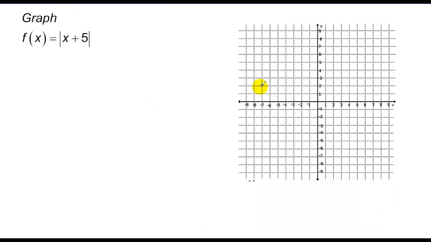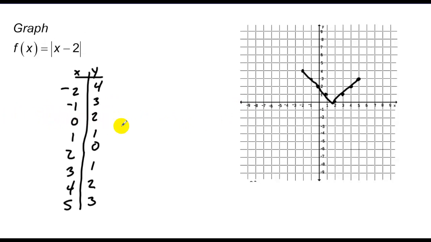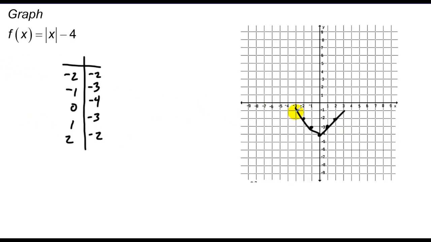Here I have negative 5, 0, over 1, up 1, over 2, up 2, and on the other side over 1, up 1, over 2, up 2. There's that check mark that I've been looking at. And look at all the other patterns that I have from my other problems. Go back to the previous problem: there's over 1, up 1, over 2, up 2. Let's go back another example: here's over 1, up 1, over 2, up 2.